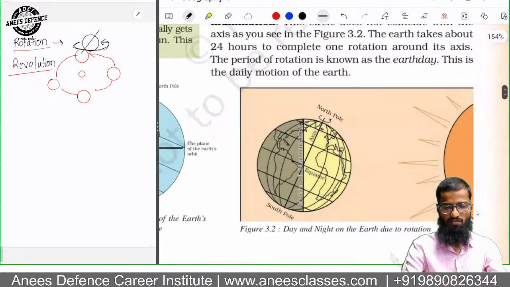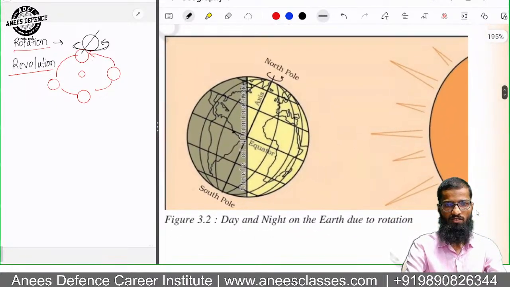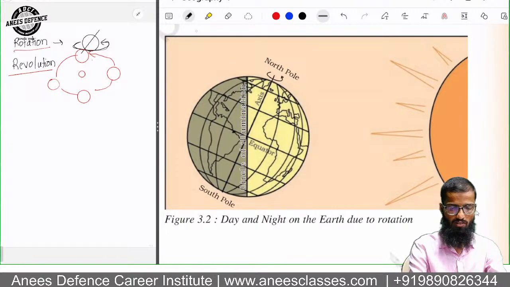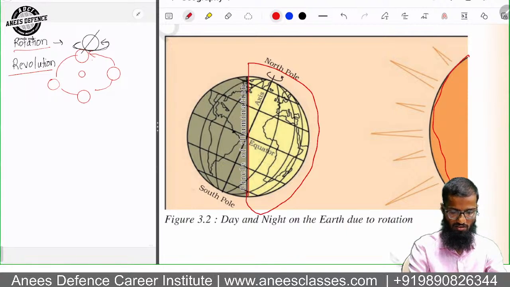Now look at this diagram carefully. This diagram is important for you. This is the sun, and only this much of the Earth is receiving the sunlight.